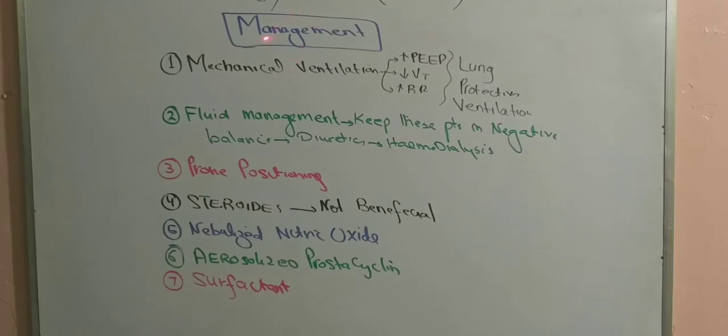Talking about the management of patients with ARDS, the most important thing we shouldn't forget in these patients is that mechanical ventilation is very important. When should we put them on the ventilator?